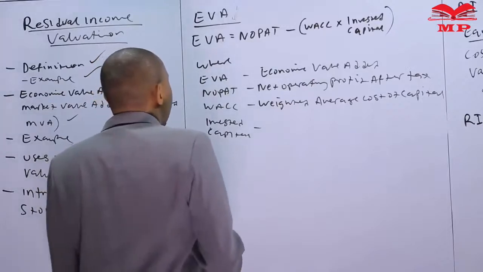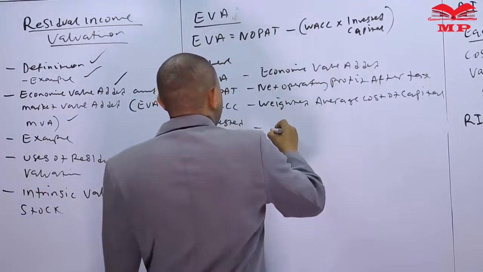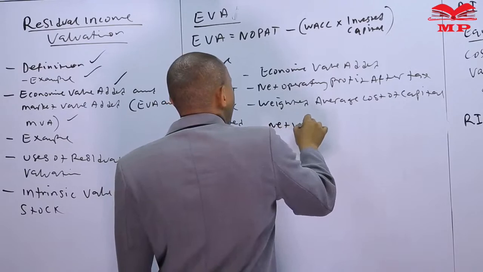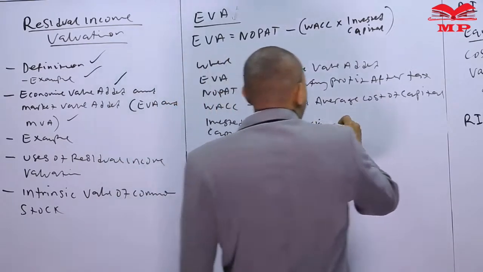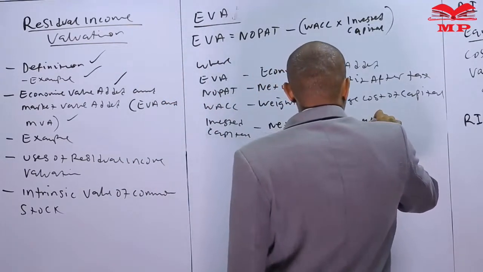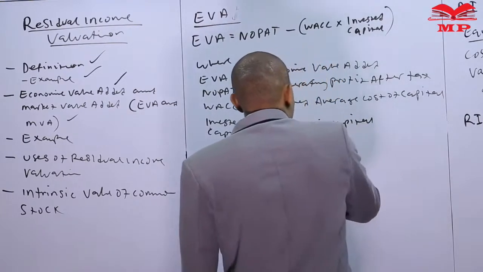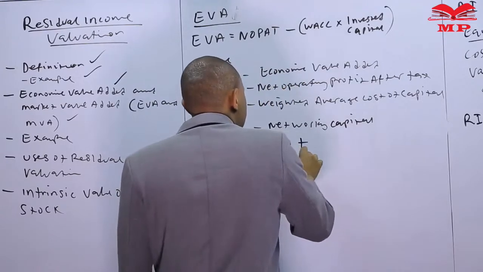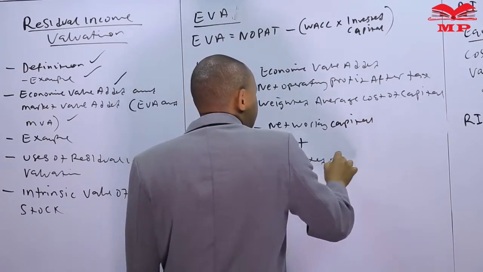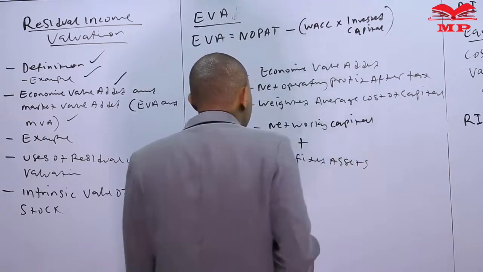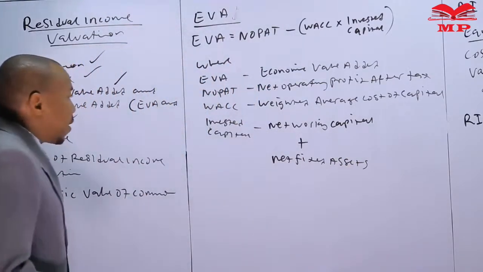Then this is the component of invested capital, where we are saying it is the net working capital plus net fixed assets. That is how we get the invested capital there.